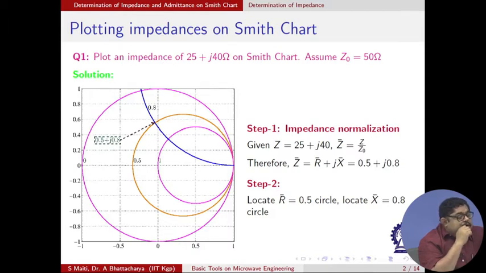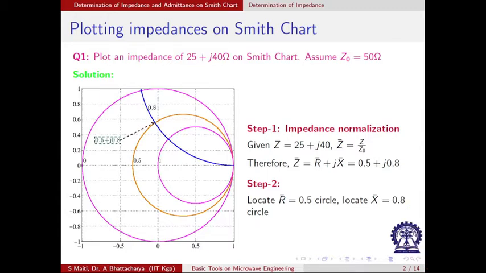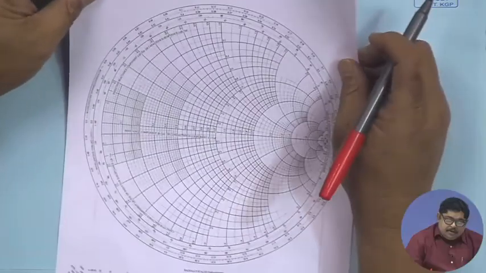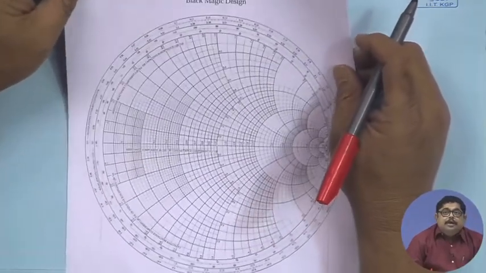Then you need to locate the R bar equal to 0.5 circle. In the uploaded Smith chart you can do this. There is software freely available on the internet called Black Magic Design, which you can download. Also, we have kept sample copies of these in the extra material portion of this course.